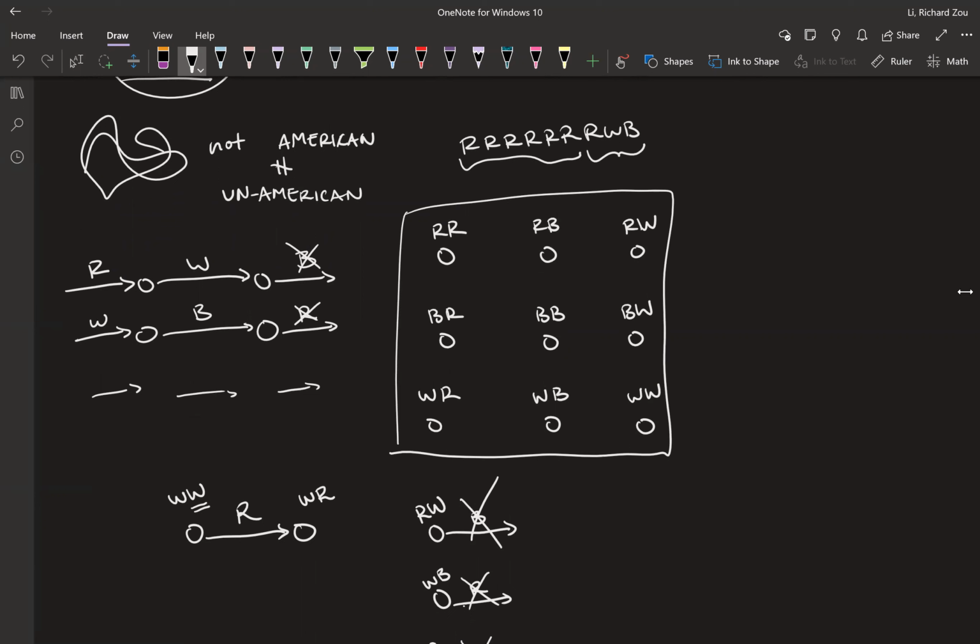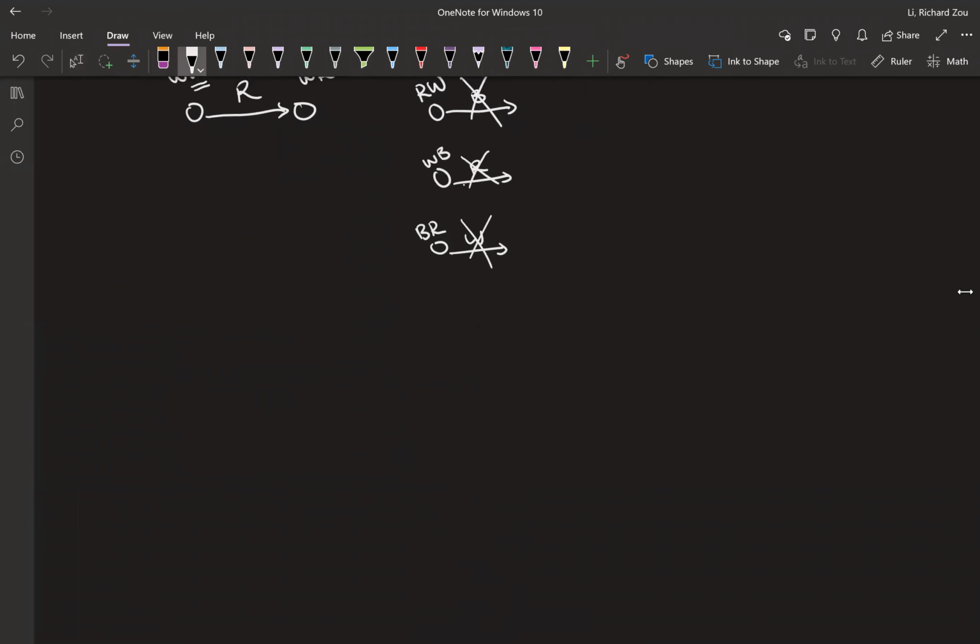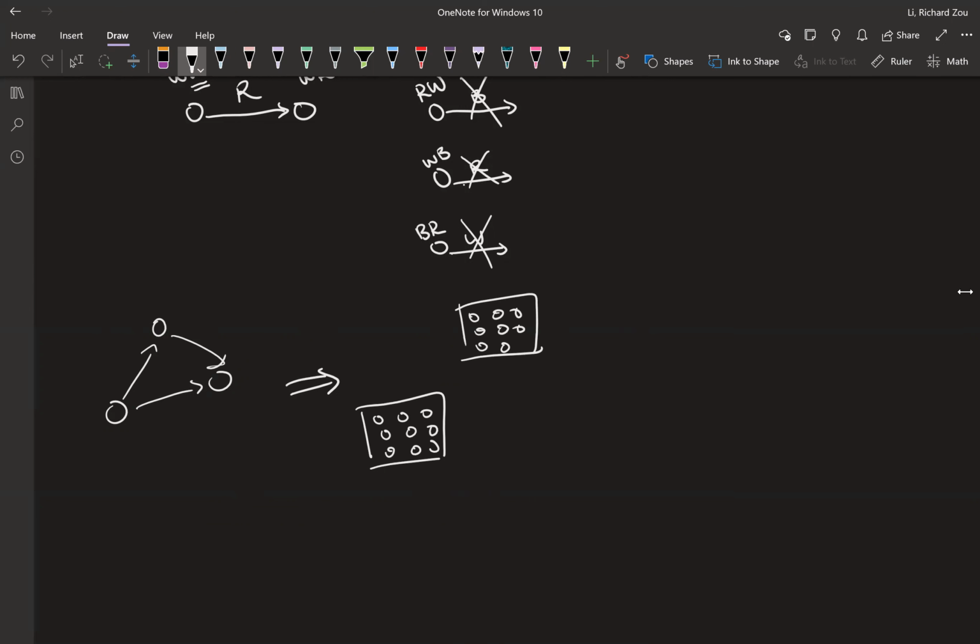Yeah. So what does it mean we split into nodes like red, red, red, blue, red, W? What does it mean we split it into? Like, do we split it into edges? So in our original graph, we have a bunch of nodes. Our graph might look like this, right? But in our transform, we take each node and split it. Each of these has 9 nodes, like this, and there are connections between the nodes depending on what the colors are.